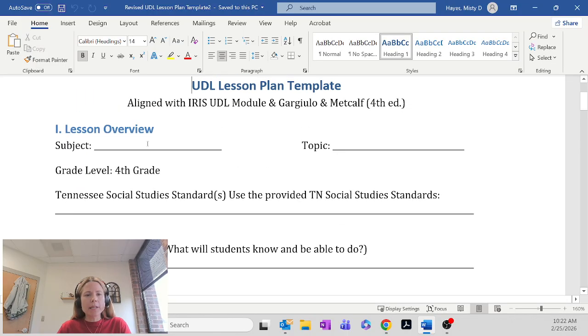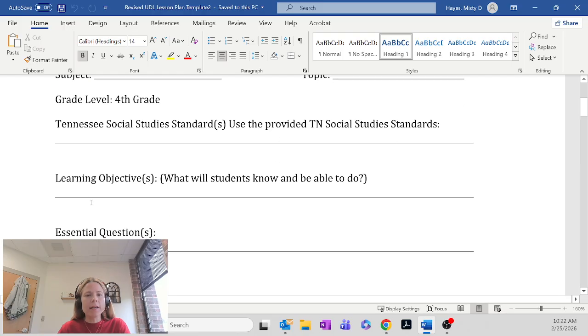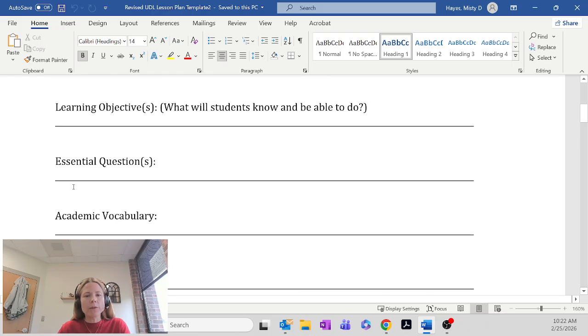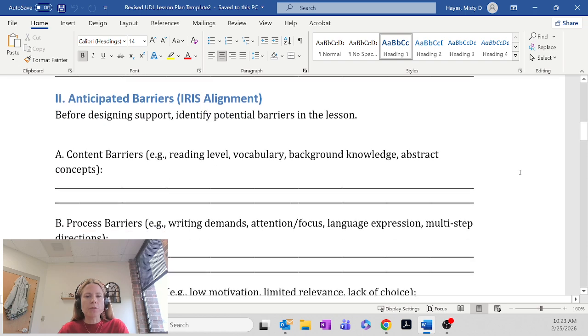So you'll put the subject, which is going to be, say you want to do the Republic. You'll put the Republic, you'll put the topic there, then you'll put the actual standard number and what it is. What do you want them to be able to know and do? What's one essential question? What's 1 or 2 vocabulary words that really are important to be able to master that content? And what are some materials and resources used?